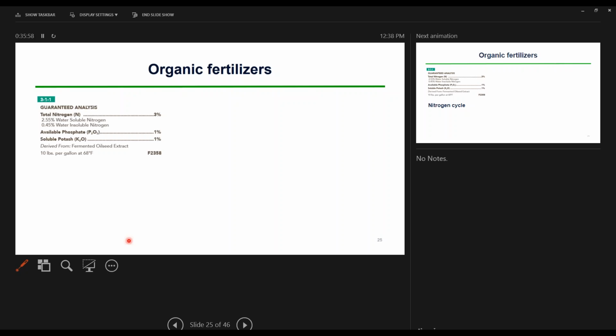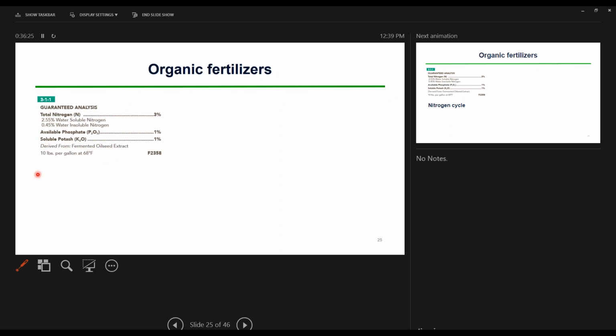So if we look at the label of an organic fertilizer, we can see that it's not as specific as what we find in inorganic fertilizers, right? Because those are soluble salts. This one is mostly tied to an organic molecule. So here it says water-soluble nitrogen and water-insoluble nitrogen. And basically this example is derived from oilseed extract.